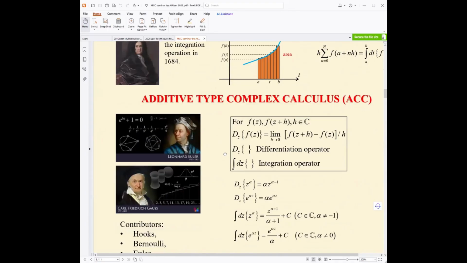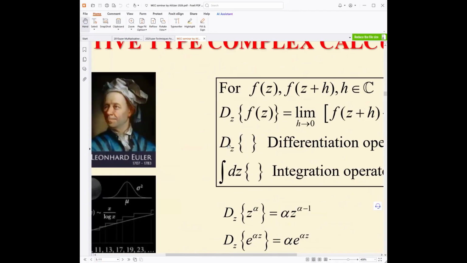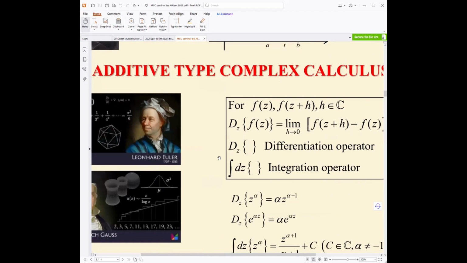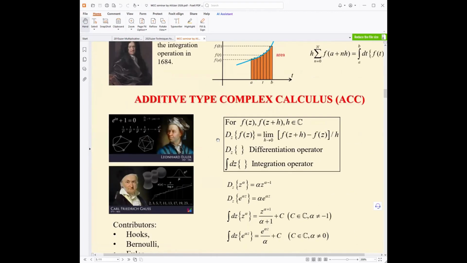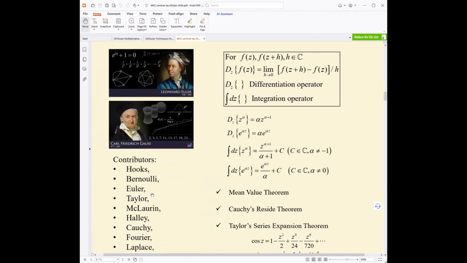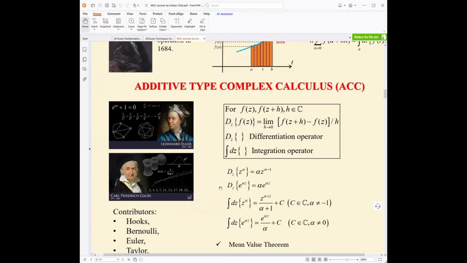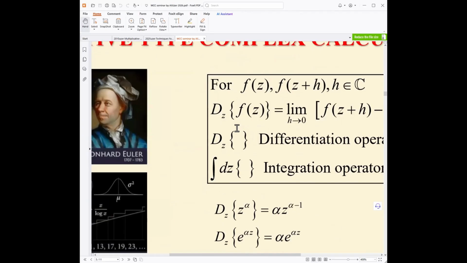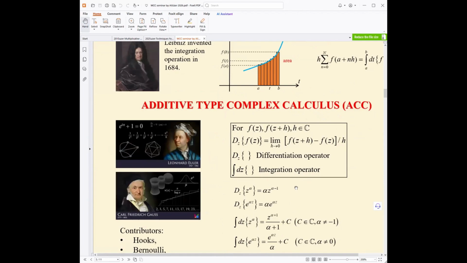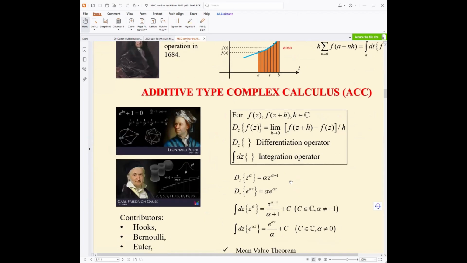After defining a differential operator, there were many contributors, among them Euler and Gauss, who contributed much, and also lots of other mathematicians. Their names are listed here. First a differential operator is defined, and then an integration operator may be defined, and they are used for making manipulations and for writing differential equations for systems.